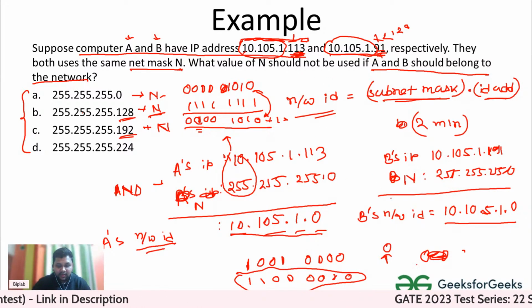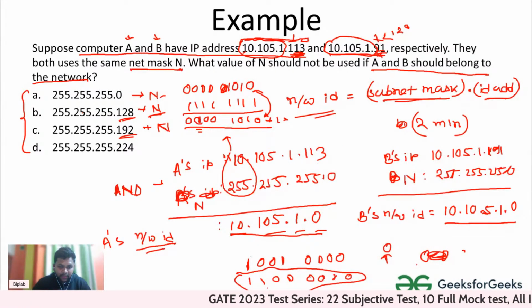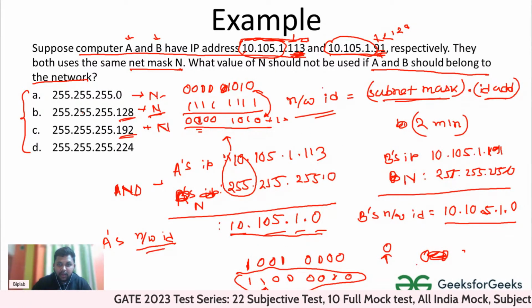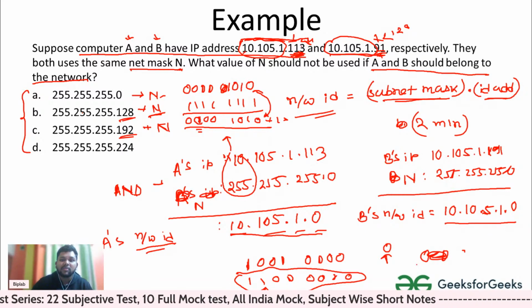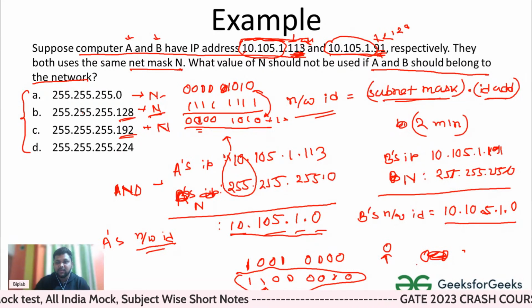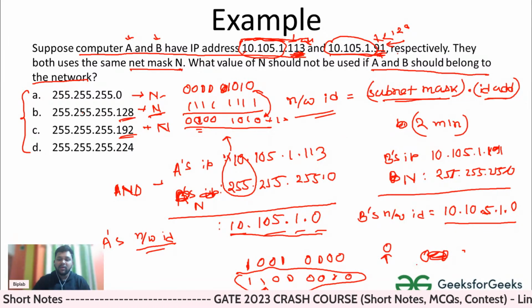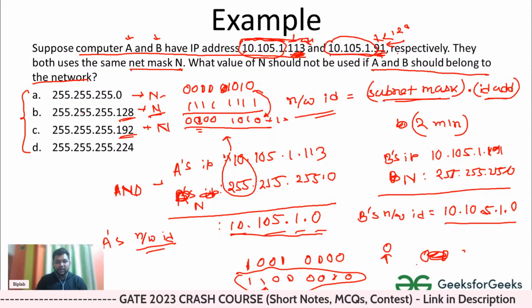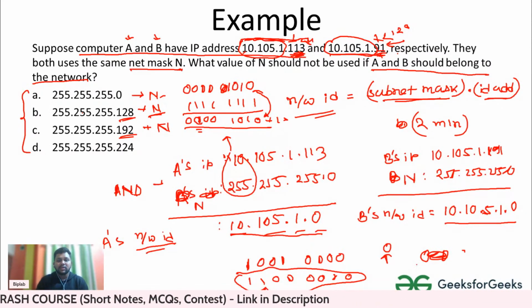In the second bit of the last octet, that is 64, now your subnet mask has 1. Consider this 113 is greater than 64, that means this also has 64, because 64 is the first largest number. And 91 also has 64. Otherwise, if you are not comfortable with that much complicated thing, you can go with the basic way and do the AND operation, but it will consume more time.